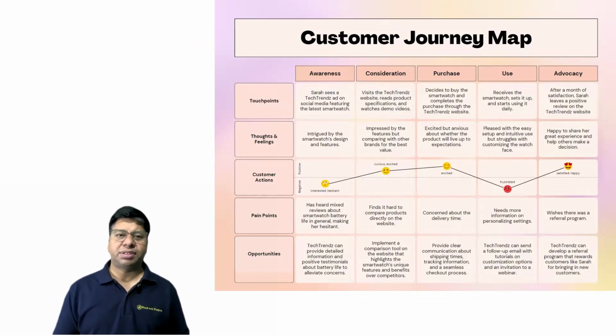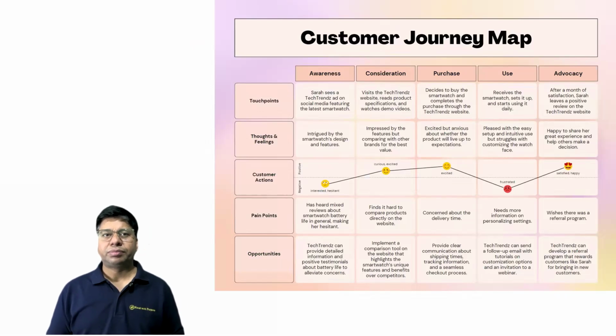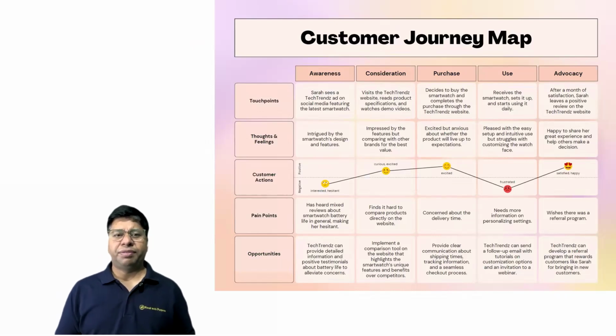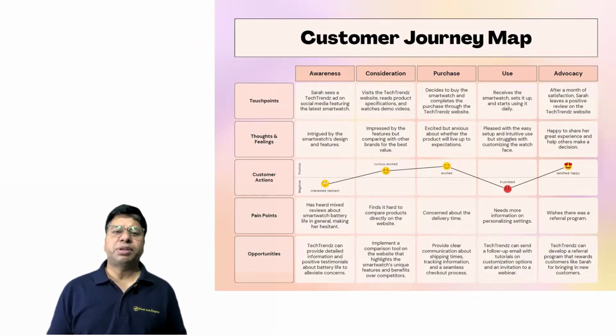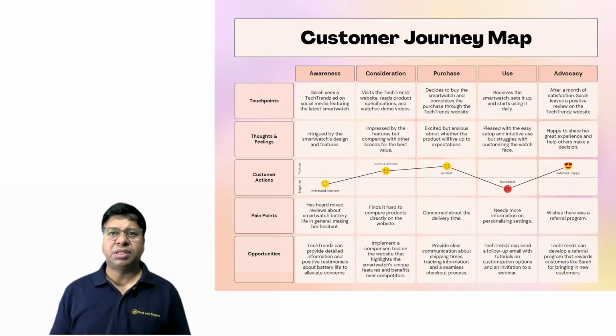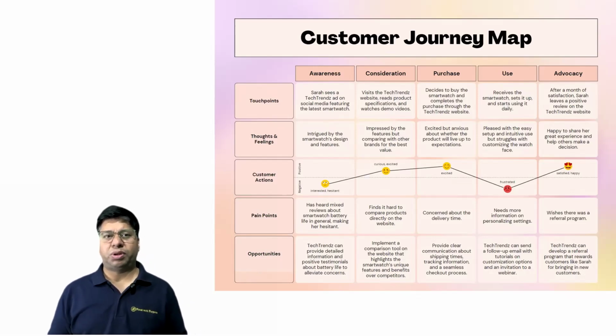Again, this is a fictional customer journey map as a sample. So here, if you see, the touch points are: first, Sarah will be aware. So the first aspect for the product organization is to create awareness. After that, she will consider it, purchase it, use it, and she will become an advocate of this product.